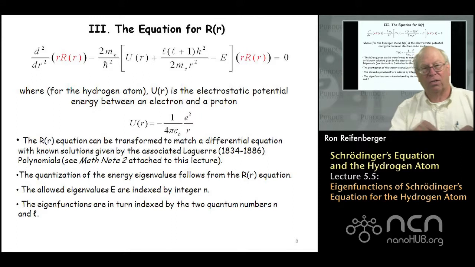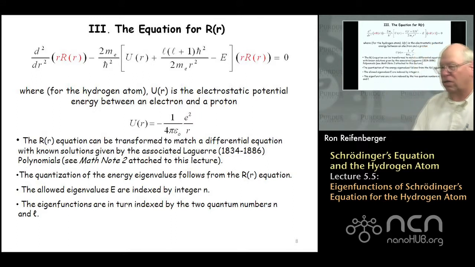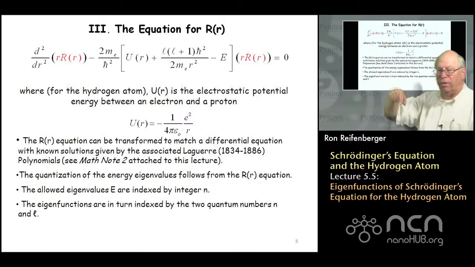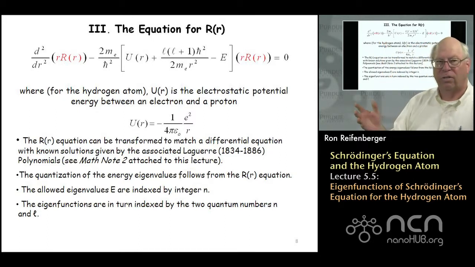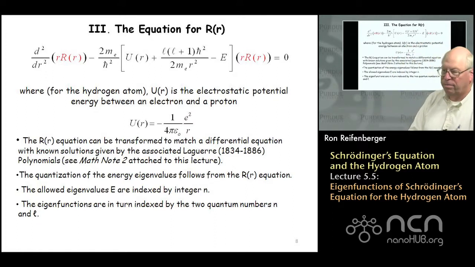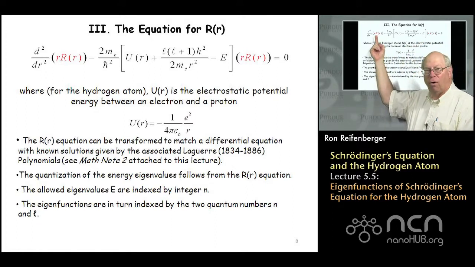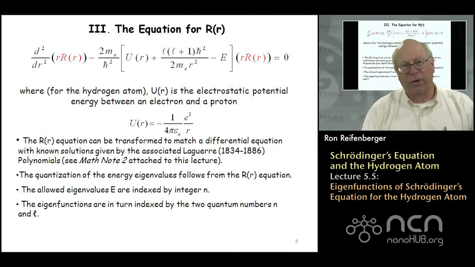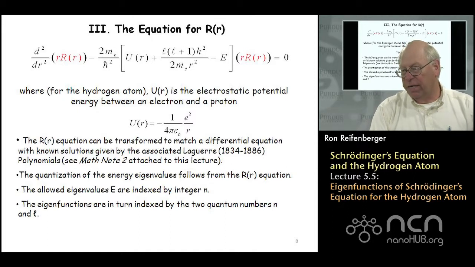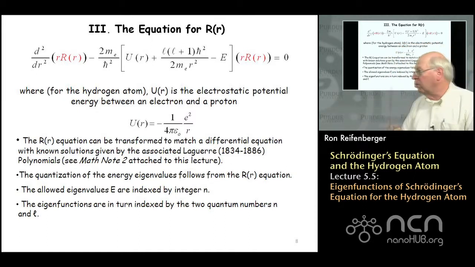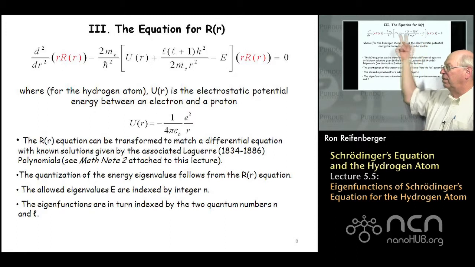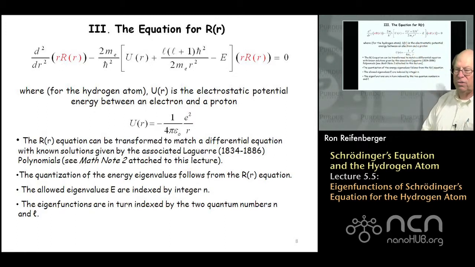What we're going to do in this lecture is focus on the consequences of the solution to these differential equations, and we rely on Laguerre's mathematics to tell us what the functional form for capital R must be. The interesting thing that comes out of all this arithmetic is that once script L is specified, there are only certain values of energy E that satisfy this particular differential equation.